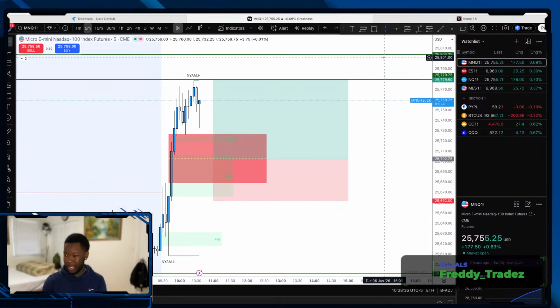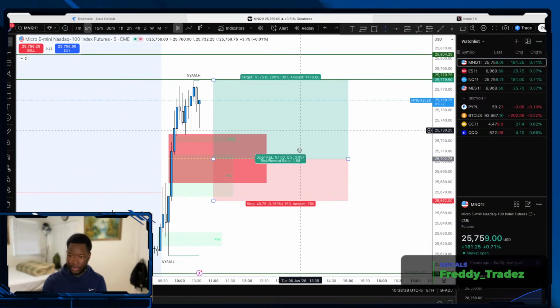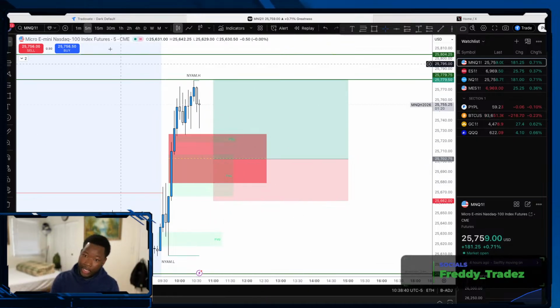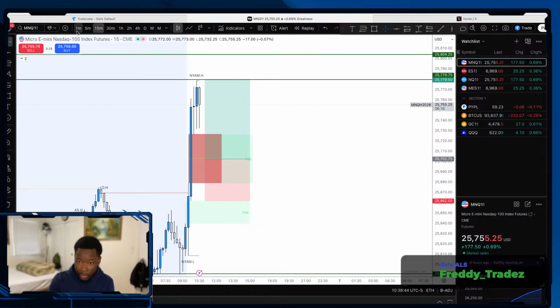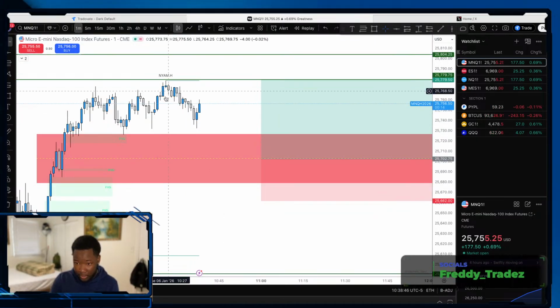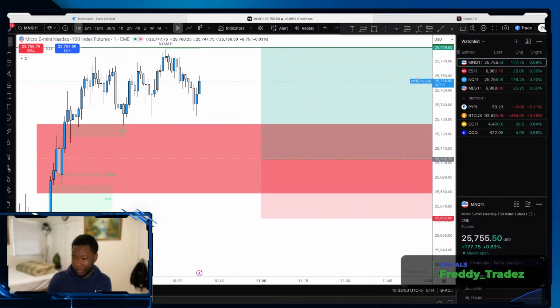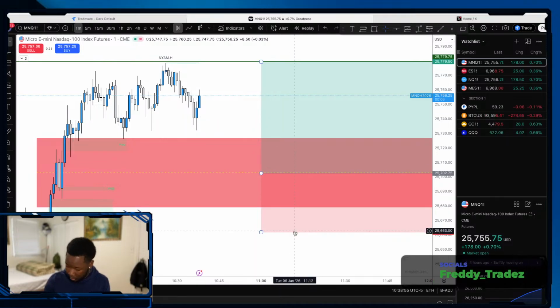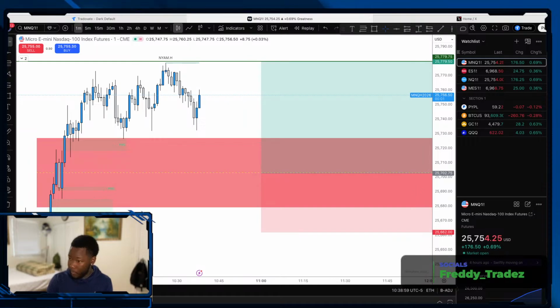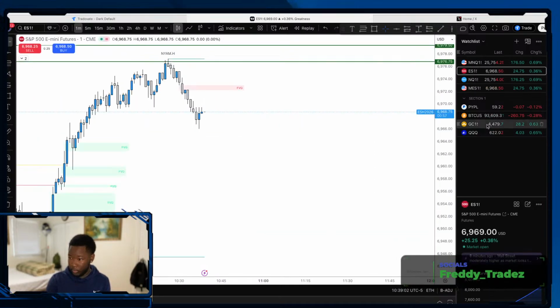I'm overall bullish, so I didn't want to play downside, but I see what you're saying. I see how you could have taken that short, right? They sweep a lot of liquidity higher. There was a 1 minute IFVG here, smaller one here. So yeah, that could work. But I'm looking for the longs. Yeah, we got that move.